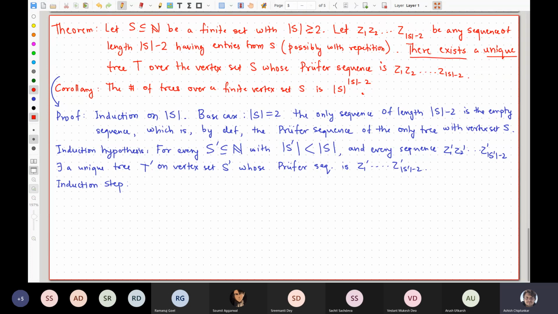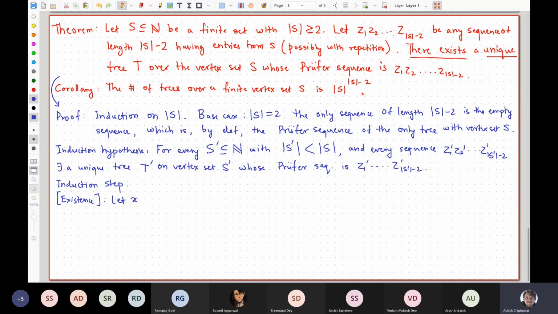Let's first prove the existence part, and then we'll prove the uniqueness part. So first part is existence. We want to prove there exists a tree. This will be a proof by construction. So how do you construct a tree?